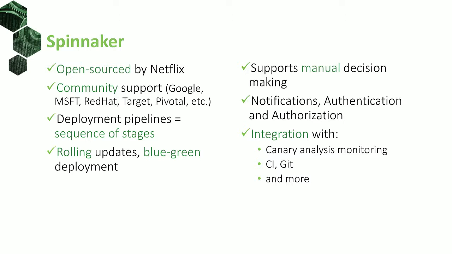And for application deployment, the tool that we recommend and the tool that we like a lot today is called Spinnaker, initially created by Netflix and then open sourced, now supported by a huge community, including Google, Microsoft, Red Hat, Walmart.